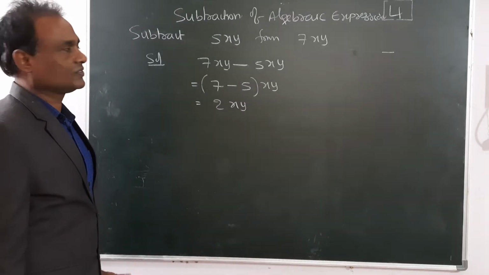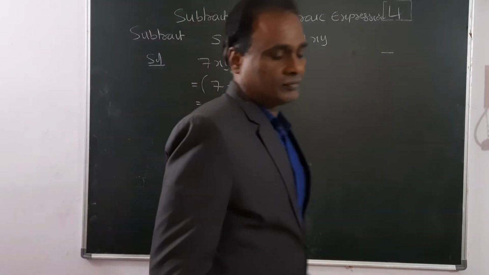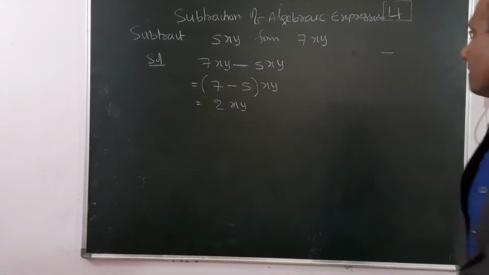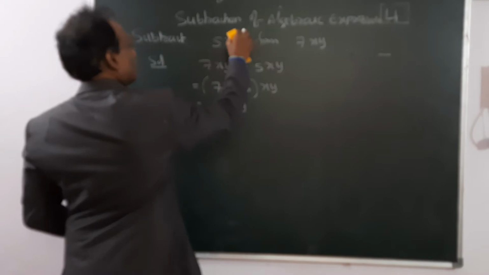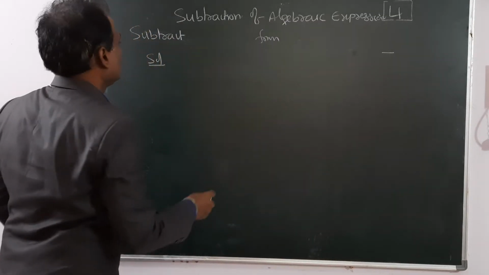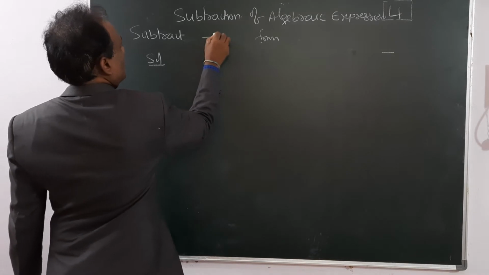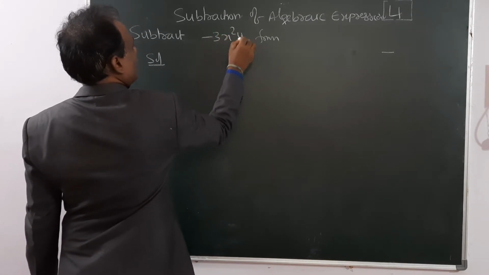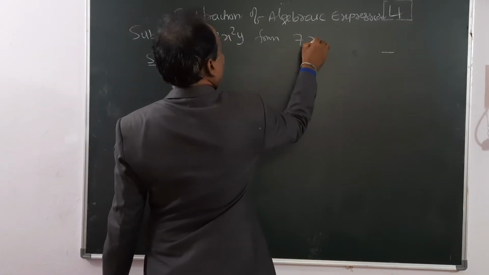Like this. See here: subtract minus 3x square y from 7x square y.